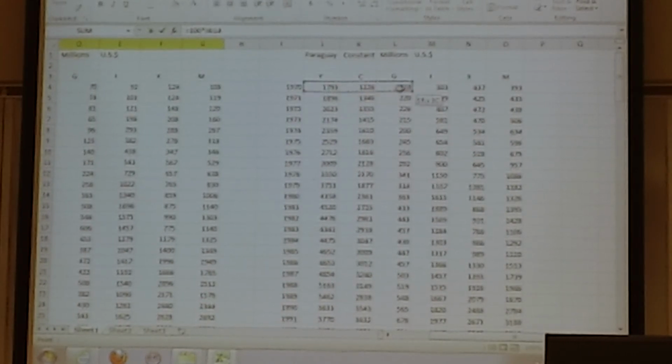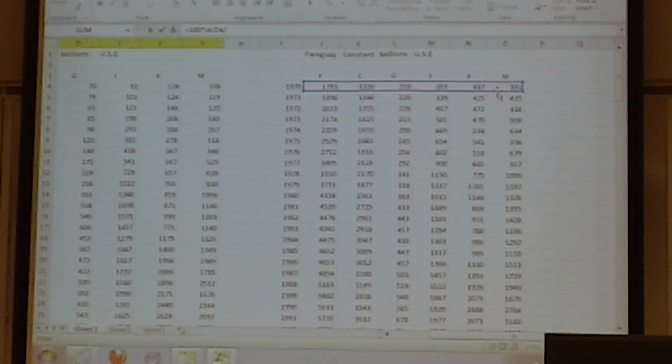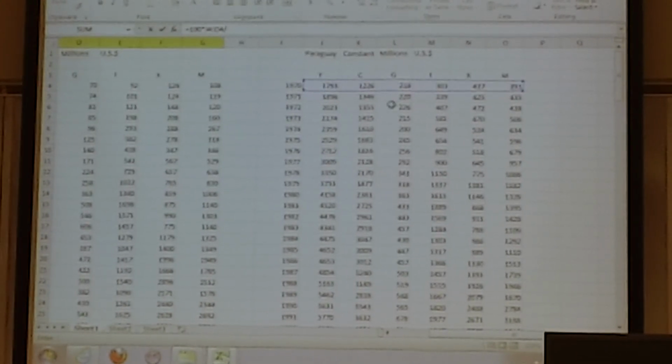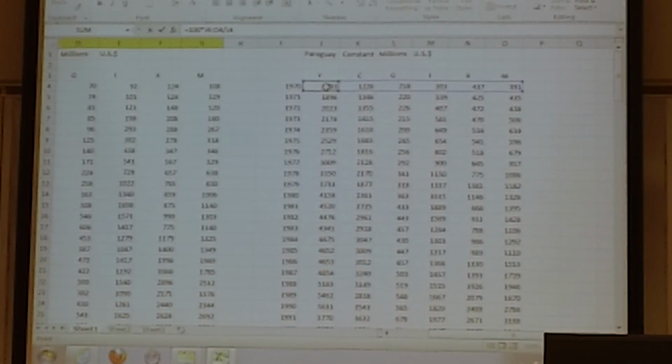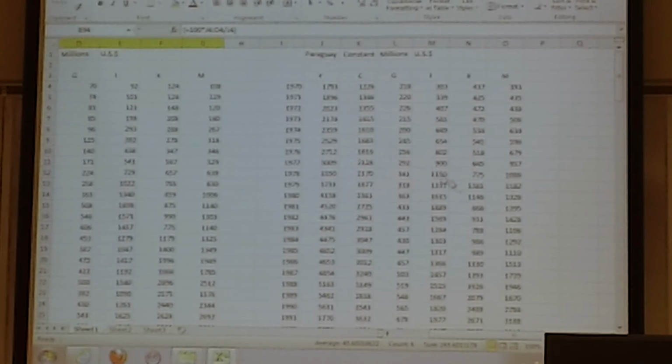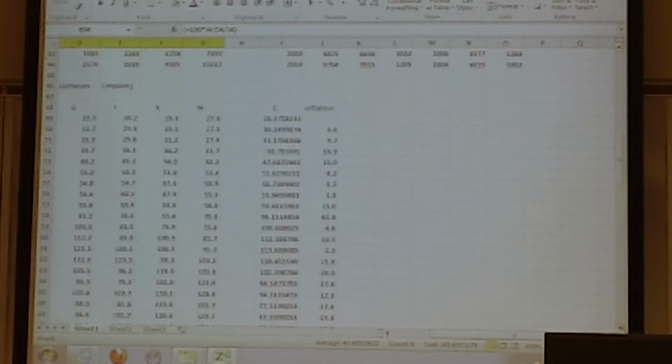We highlight all of these, and we hit the divide sign. And then we click on GDP. Then we hit Control, Shift, 100 times divided by 2.